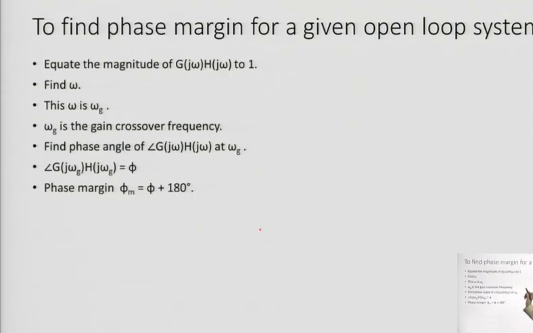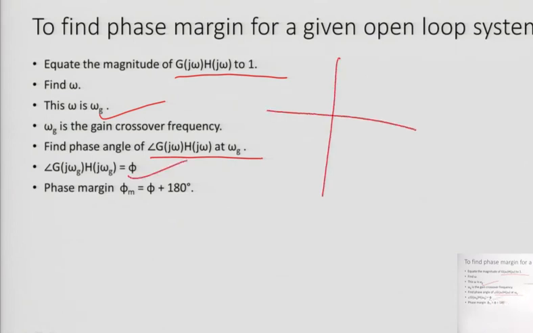Then how to find the phase margin? Equate the magnitude of G(jω)H(jω) to 1 and then find omega; that omega is the gain crossover frequency. Find the angle at the gain crossover frequency; that angle is phi, the phase angle.